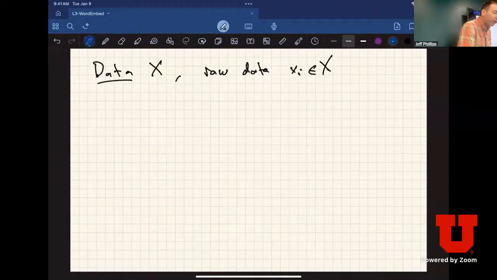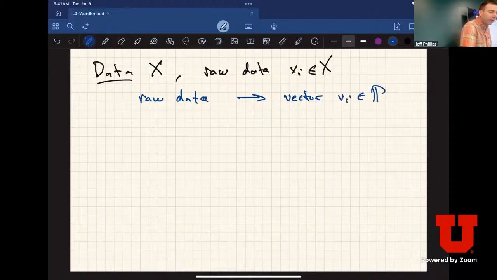And what we're going to talk about today is a very specific line of work that has progressed of mapping this raw data into a vector, into a d-dimensional space.